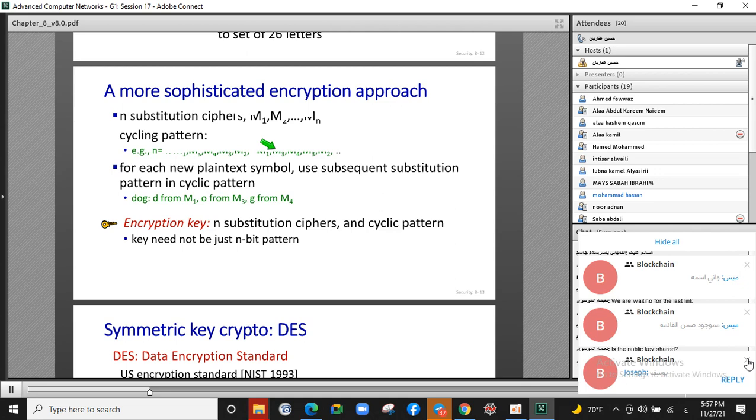This pattern is recycled during the work.